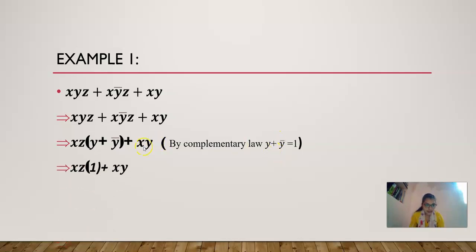Replace this y plus y bar by 1. See, xz into 1 plus write the xy as it is. Next, xz into 1 is xz plus xy. This is your solution. This is the simplified expression for xyz plus xy bar z plus xy.